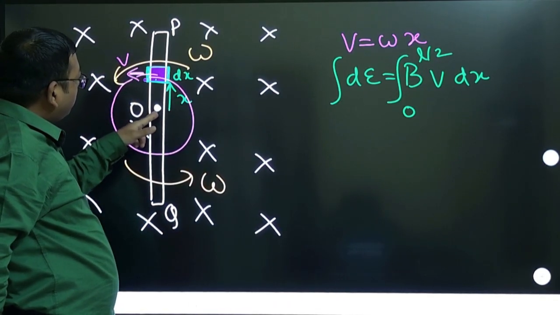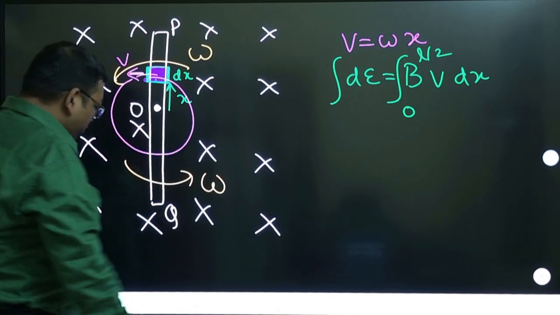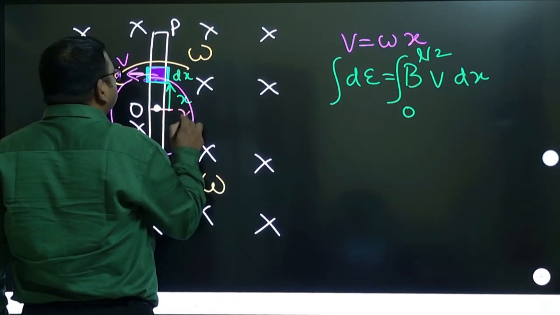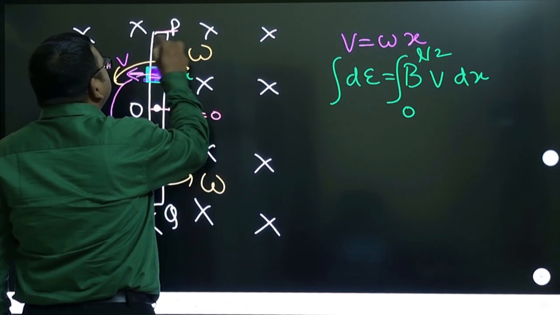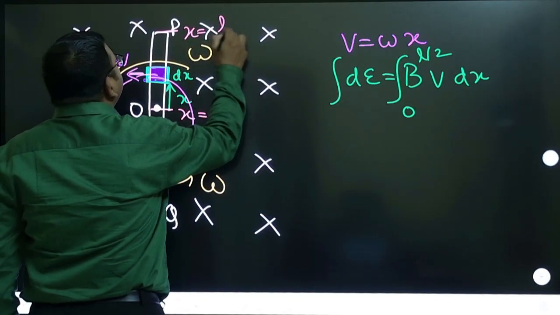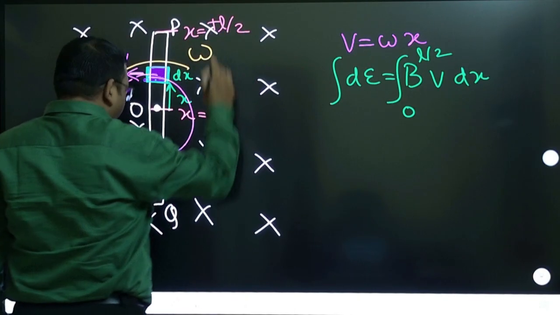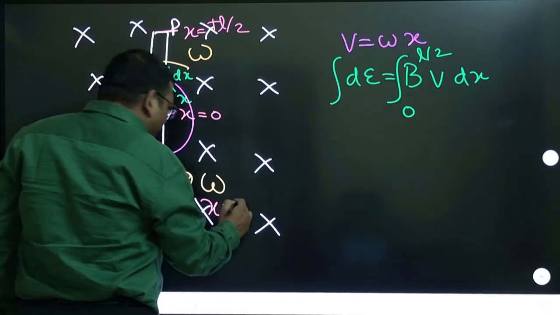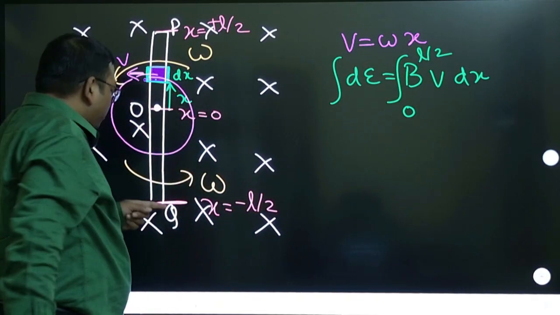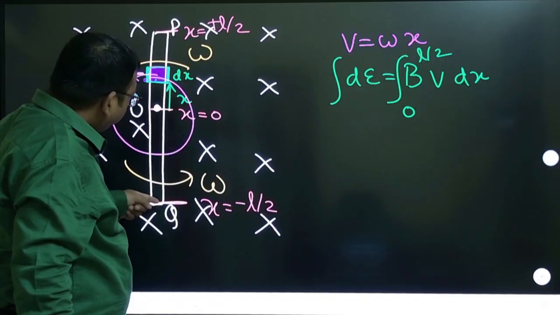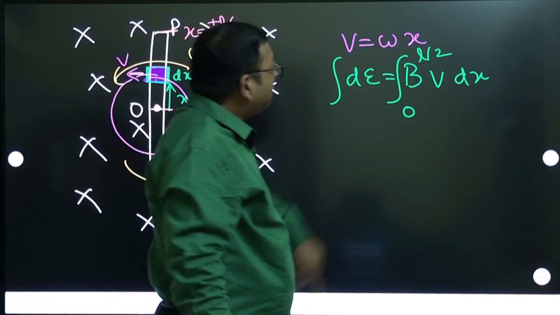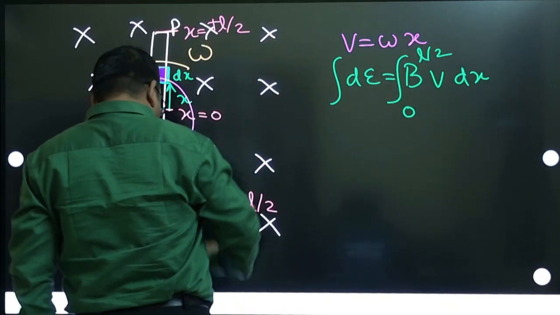This is O, which means x equal to 0. This point is x equal to L by 2, and this point is, plus L by 2 on the other side, so x equal to minus L by 2, right? If you want to find the potential difference between Q and P, then you have to take minus L by 2 to L by 2. Okay, let us take from 0 to that.